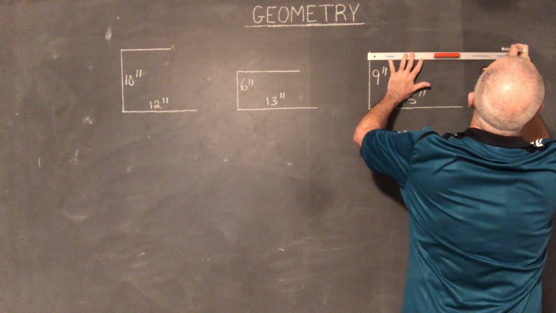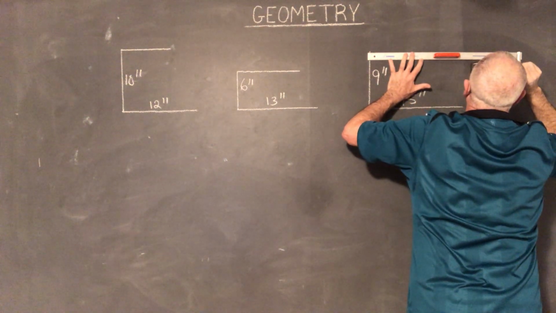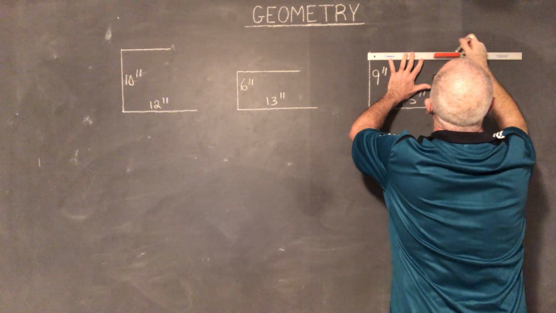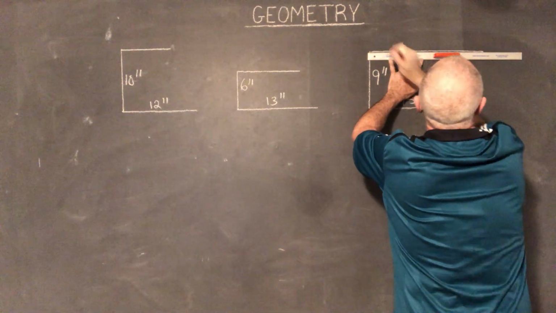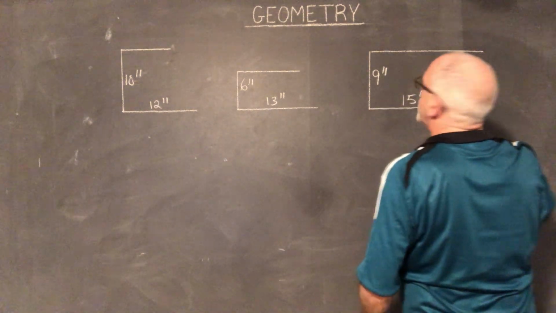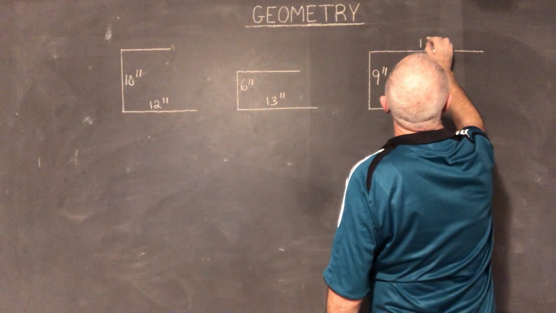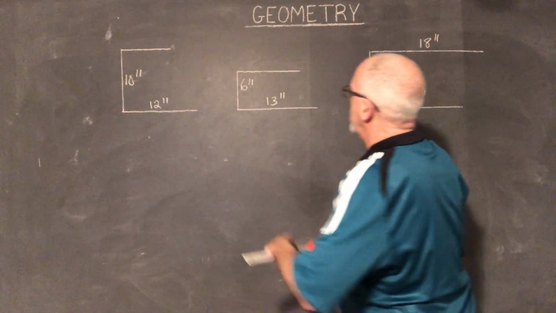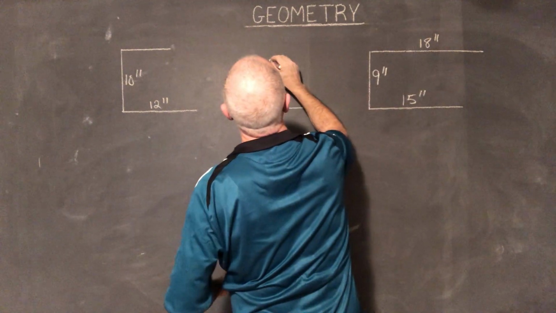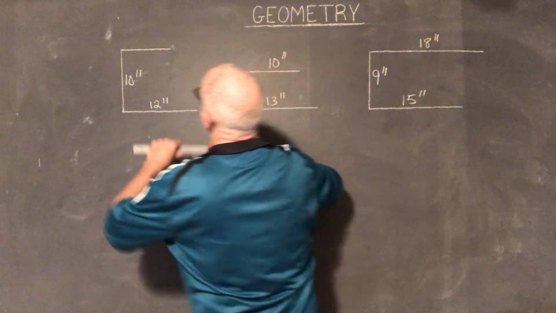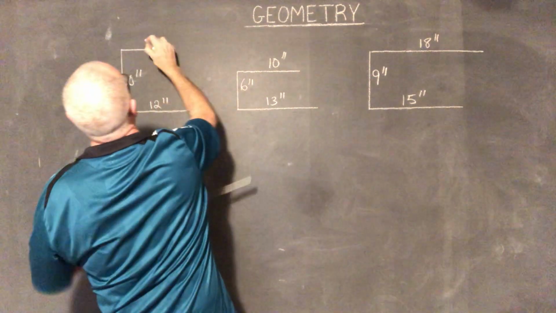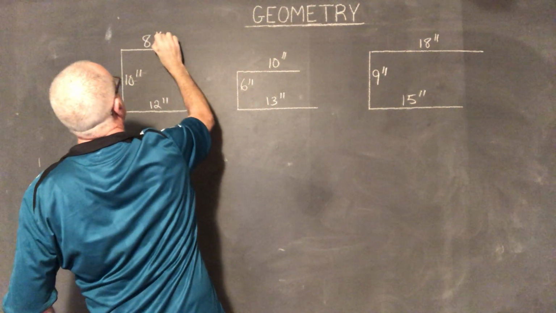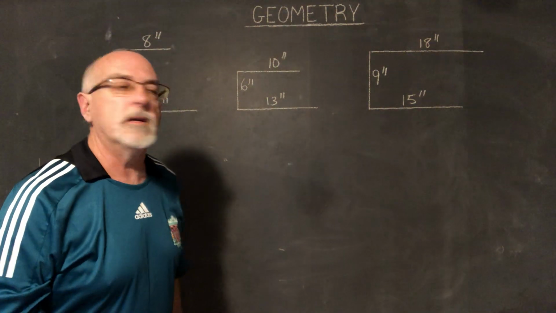Will that fit in my video rectangle? 18 inches. I forgot to label these. This one was 10, yes. And this one was 8 inches, yes. Okay, did everything fit? Yes, everything fit.